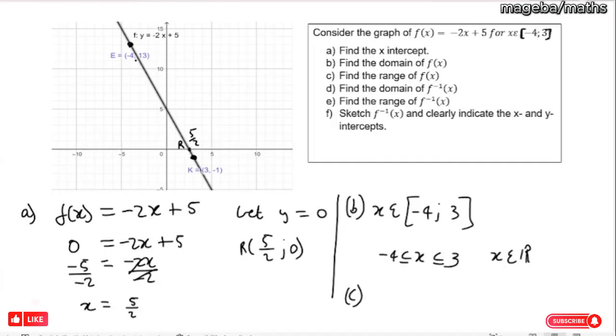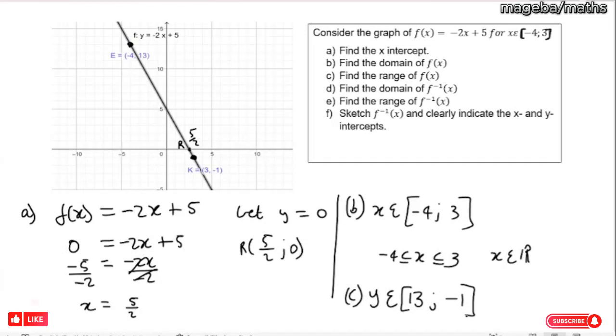The y coordinate of where the graph started is 13, and the y coordinate of where the graph ends is negative 1. So y is an element, starting at 13 and ending at negative 1. These are the y coordinates of where the graph starts and where it ends. I hope we can see that one also.